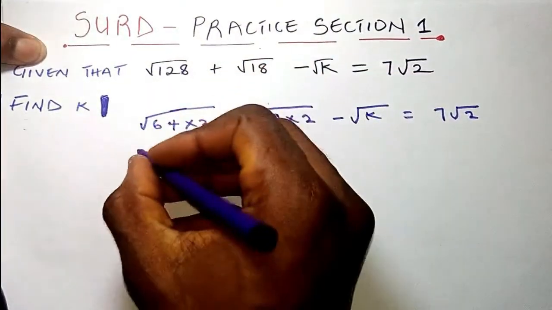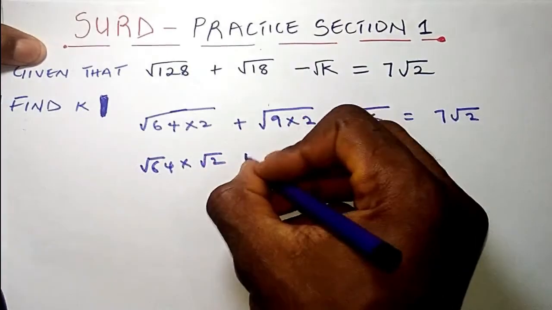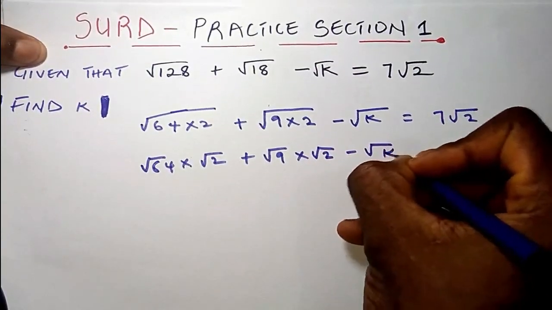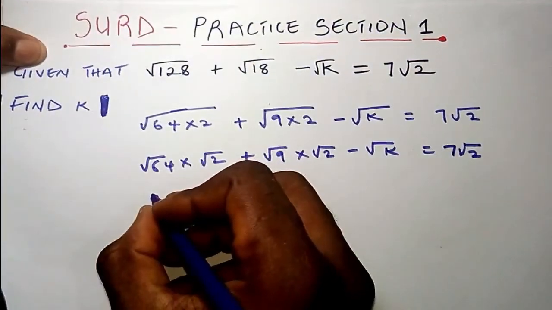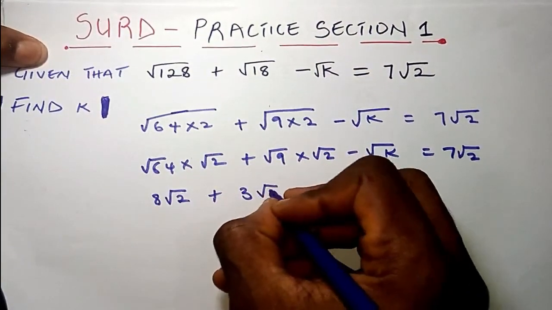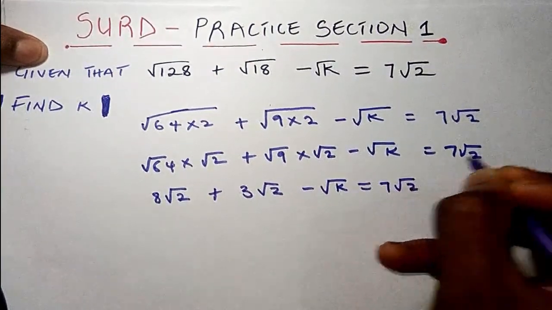So simplifying further, we're going to have root 64 times root 2, plus root 9 times root 2, minus root k equals 7 root 2. And finding the roots of 64 and 9, we're going to have 8 root 2 plus 3 root 2 minus root k equals 7 root 2.